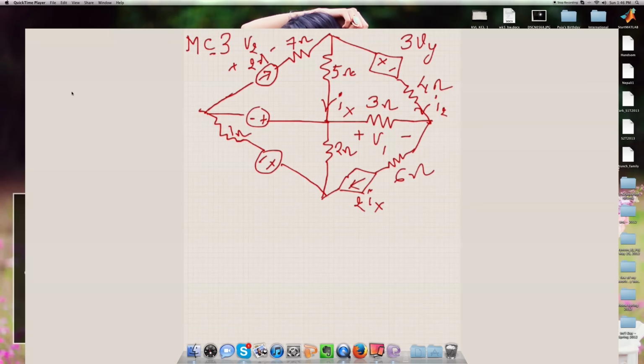Hang on, this thing is the voltage source 10 volt here. Okay, this is plus and minus V sub y. This source is 6 volt.